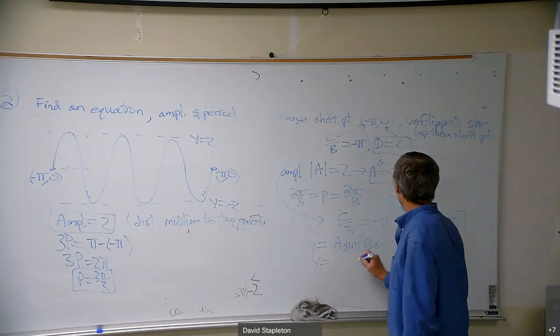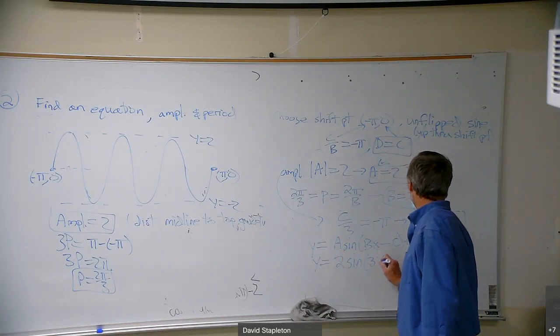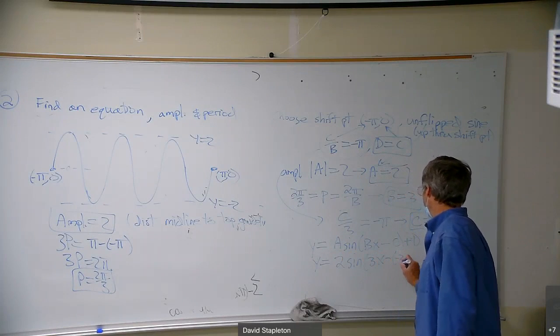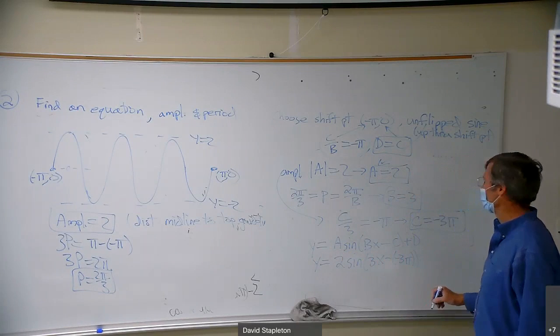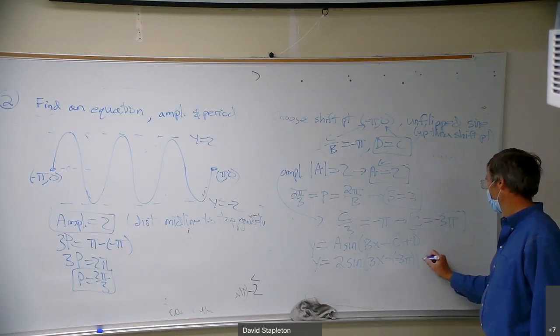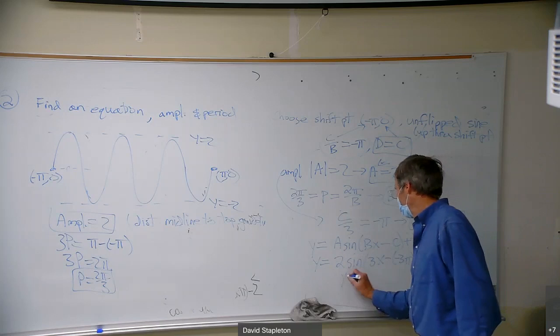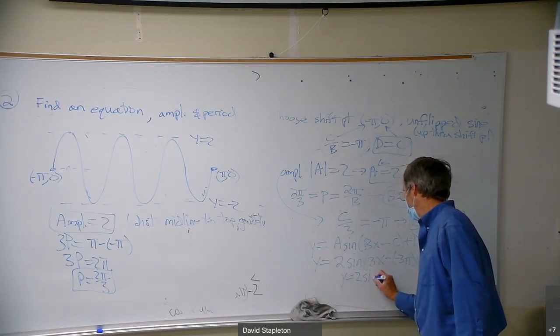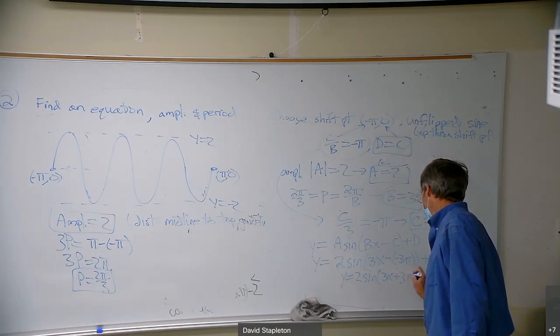Becomes Y equals 2 sine 3x minus a minus 3 pi plus D was 0. And you can simplify that, right? Y equals 2 sine 3x plus 3 pi.